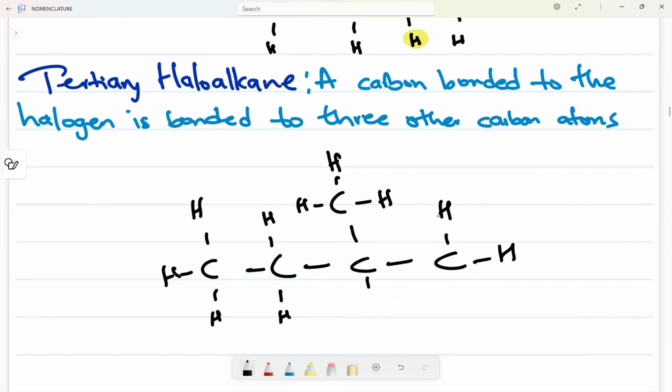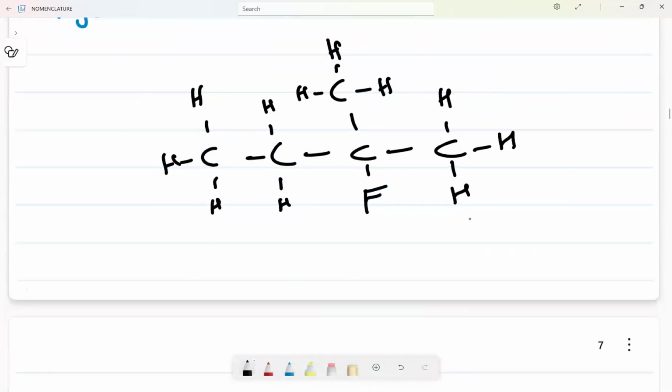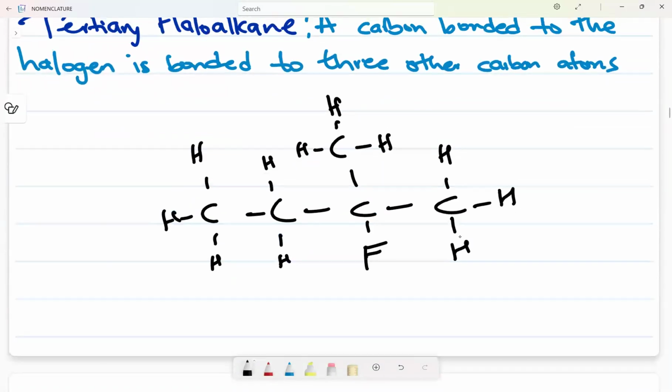Let me not just use Br because I've been using Br everywhere. It's just the easiest and the one that they like the most. Now, the definition says a carbon bonded to the halogen. Where is the halogen? Here is the halogen. Where is the carbon bonded to it? Here it is. We call it the king. It is bonded to three other carbons.